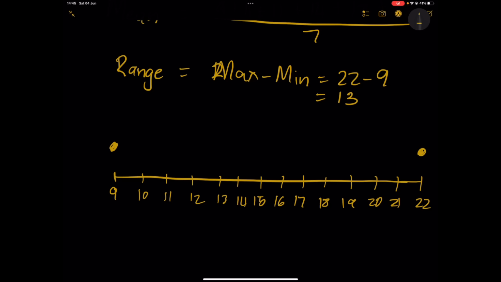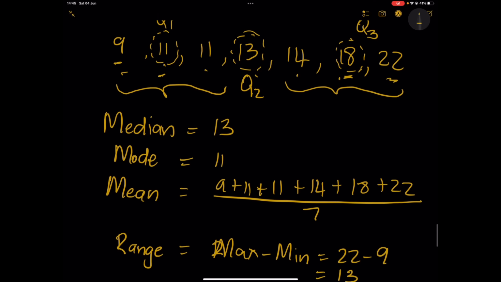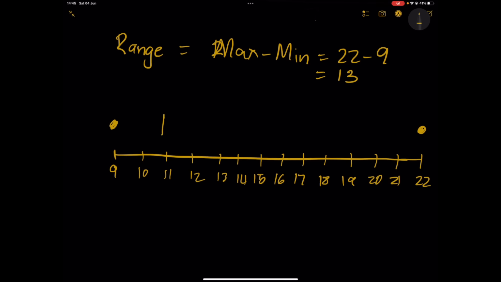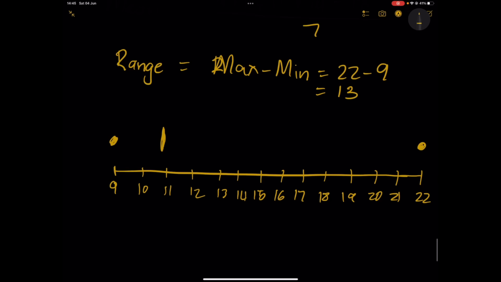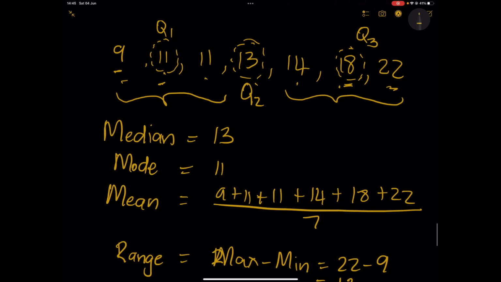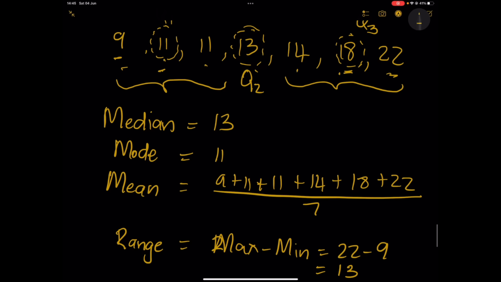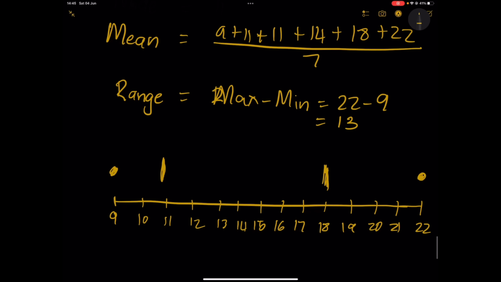Then once again, we said we wanted our quartile 1, which was at 11. So there it is. Our quartile 3 is at 18, so there it is. And then we've got our Q2, which is at 13.